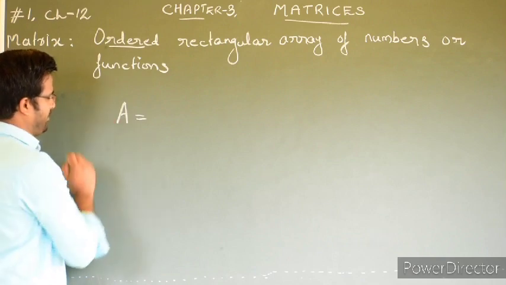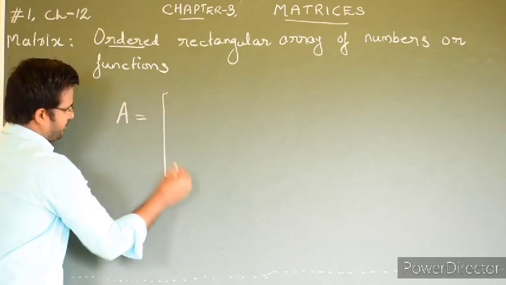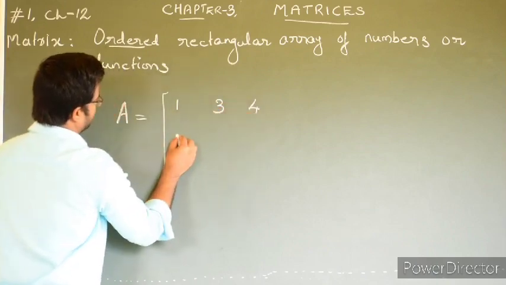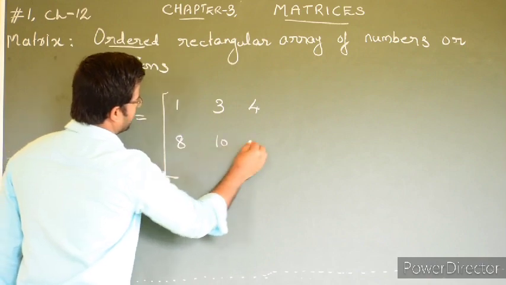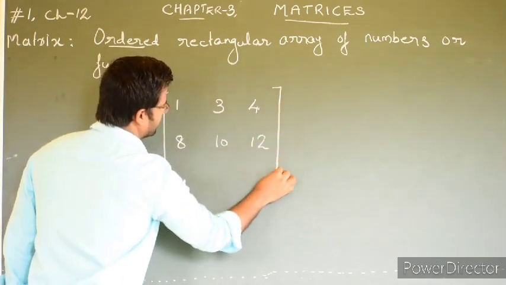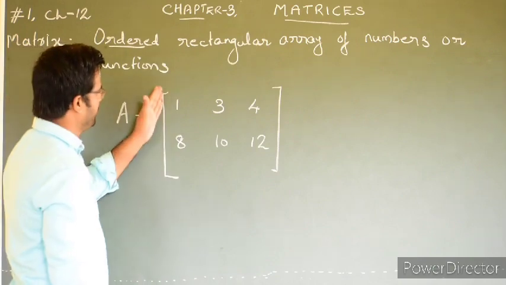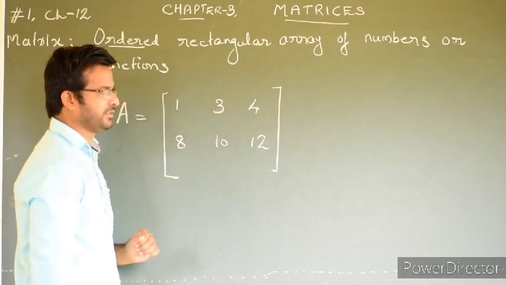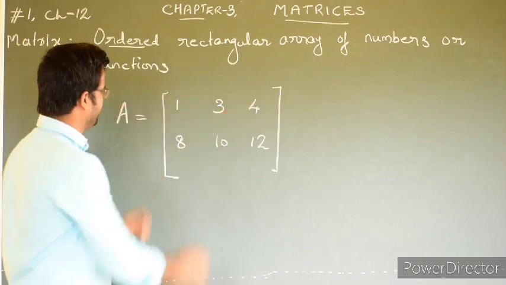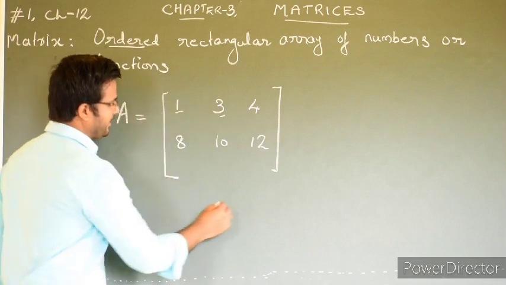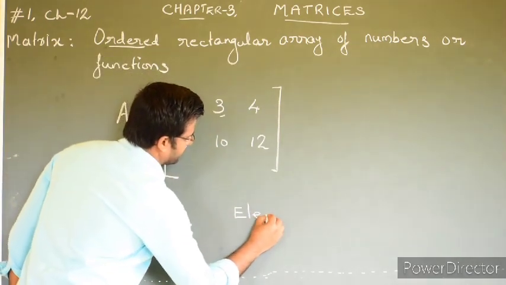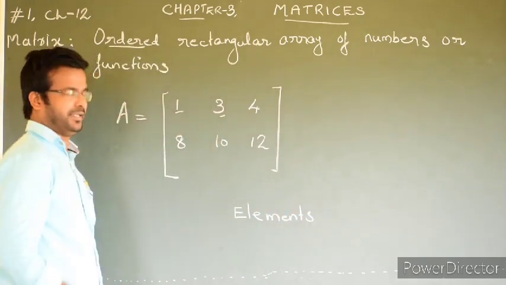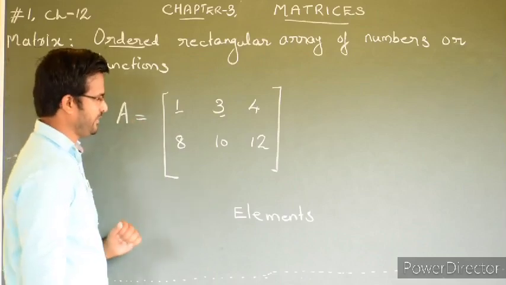We can give one name, capital letter A. Then I am going to write some numbers, 1, 3, 4. For representing a matrix, we always use square brackets, only square brackets. These numbers are known as elements of the matrix. Otherwise, entries also we will use. Normally, we say elements.